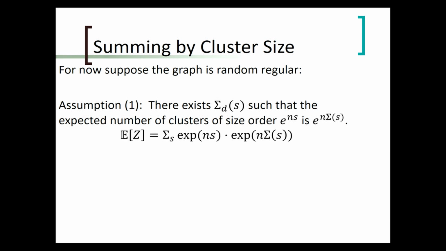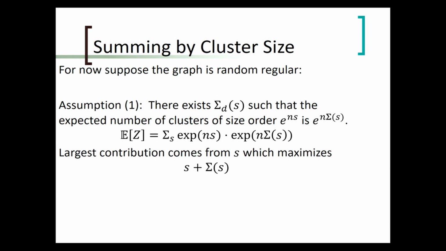So if we knew that, we could look at the expected value by just summing over clusters of different sizes. The number of solutions in a cluster of size e to the ns is e to the ns, and then the number of those you expect to see will be e to the n sigma of s. Since this is on an exponential scale, the biggest contribution is going to just come from the largest value of the exponent, so we're just maximizing s plus sigma of s.